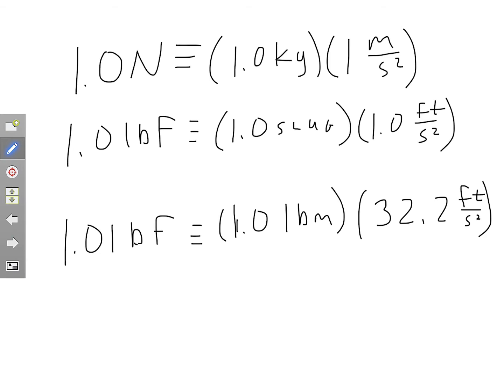So you can see in these two cases that the accelerations are different. And so these masses, the slug and the pound mass, are defined differently.